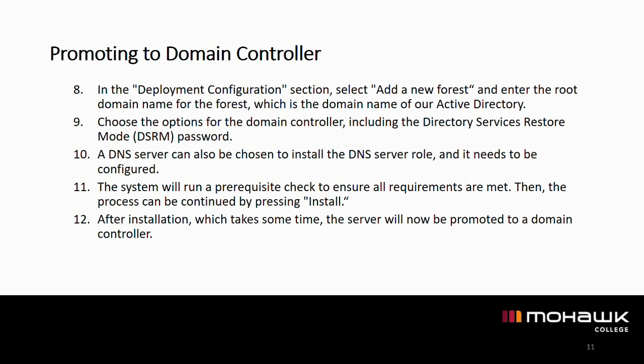In the deployment configuration section, select Add a new forest and enter the root domain name. For example, you can consider DHCP domain for the forest, which is the domain name of our Active Directory.